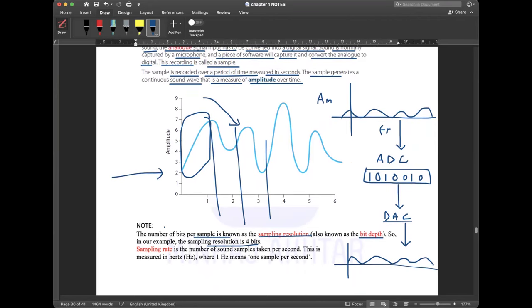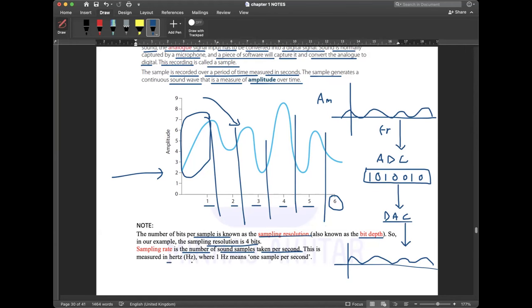What is sampling rate? Sampling rate is the number of sound samples taken per second. How many seconds do we have here? 6. So the sampling rate of this sound is 6 samples, taken per second. 1 second for this sample, 1 second for this sample, and this thing is called sampling rate.